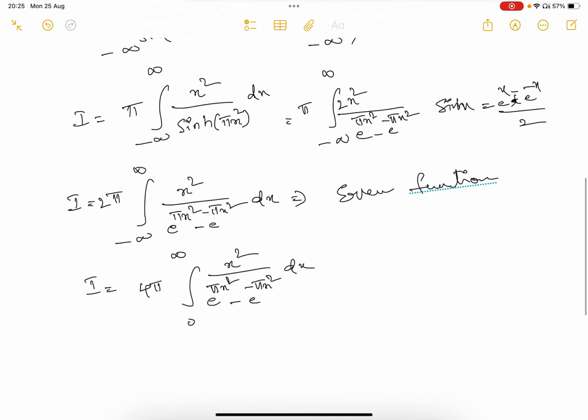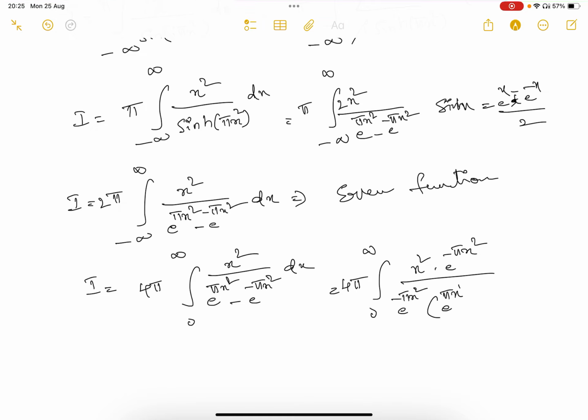So let's do one thing here. Integral 0 to infinity. We will try to write it in the form of exponentials. So let's multiply both numerator and denominator by e power minus pi x squared. Then x squared into e power minus pi x squared by e power minus pi x squared into e power pi x squared minus e power minus pi x squared dx.